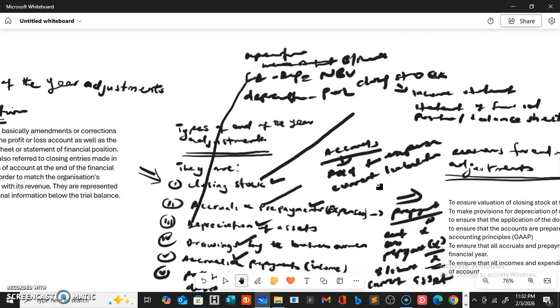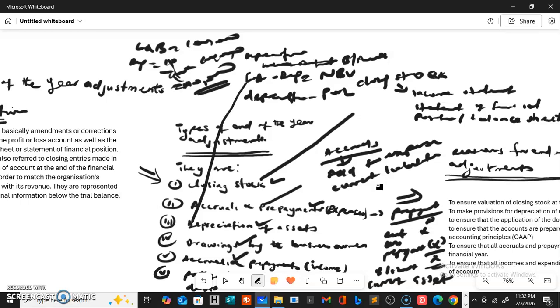For example, if we have land and building of 100,000 and depreciation is 10%, then 10% of 100,000 gives us 10,000. At the end of the day, the 10,000 naira will be recognized in the income statement, and it will be deducted from the fixed assets or land and building in the balance sheet.